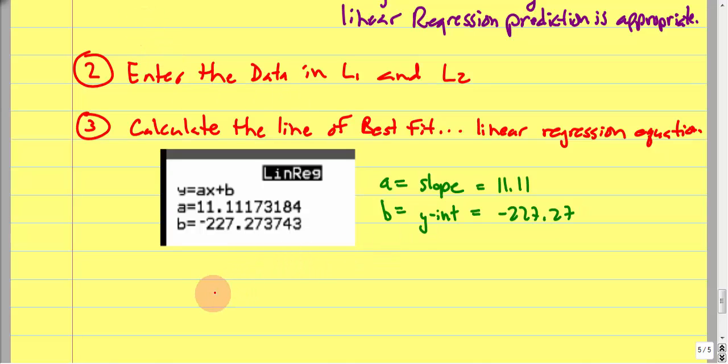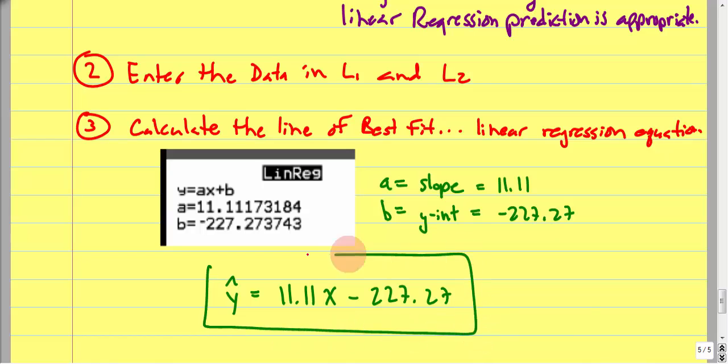So my regression equation is going to be y hat equals 11.11x minus 227.27. Now you have to be careful how you enter this. In my math lab, they'll have x for you, and you need to make sure you put the value of slope in front of it.